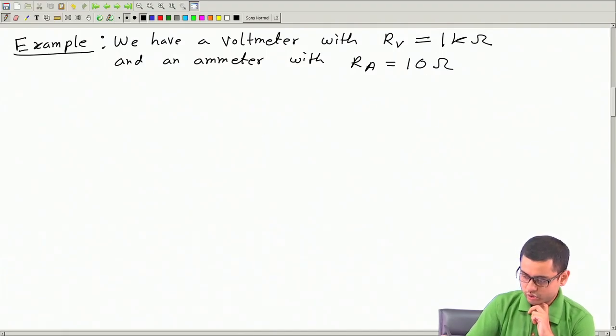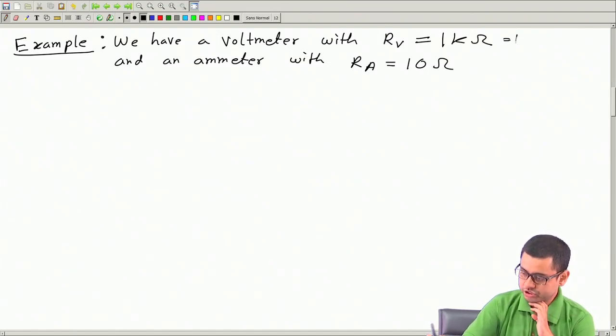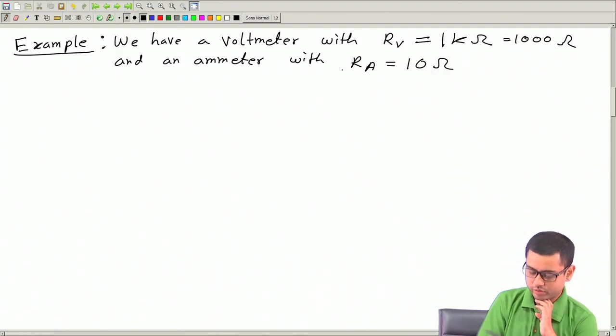So we are taking a small value for ammeter resistance and a large value for the voltmeter resistance. So this is 1 kilo ohm, 1000 ohm, and this is 10 ohm.